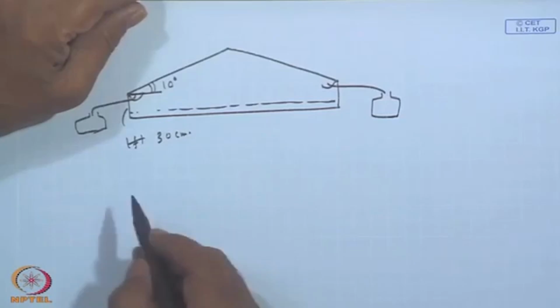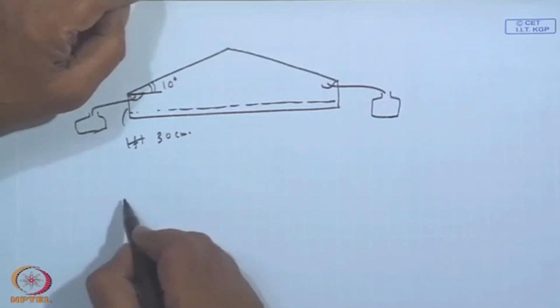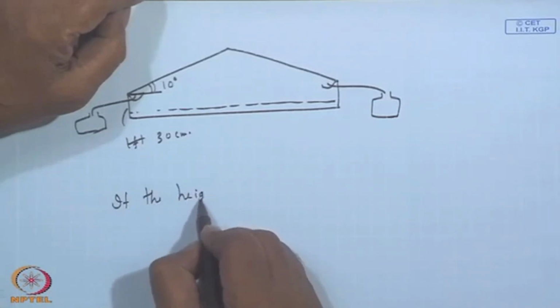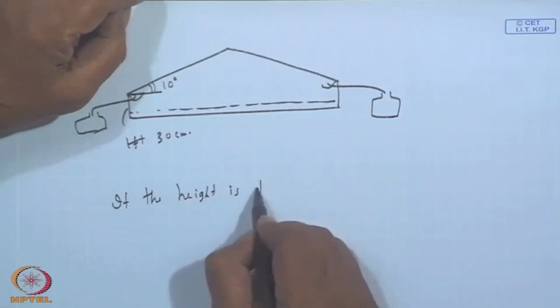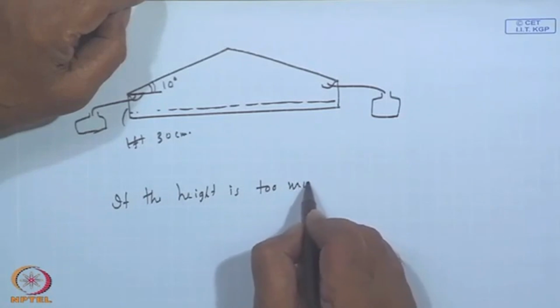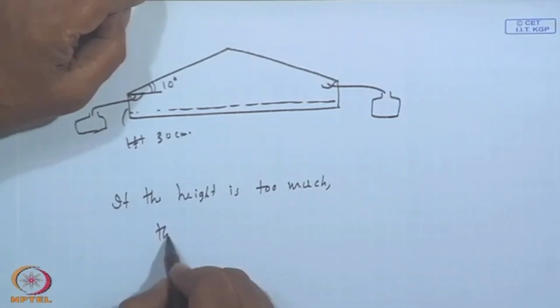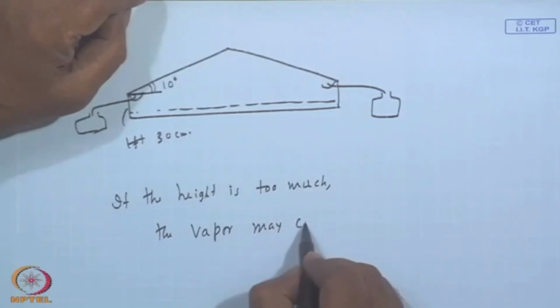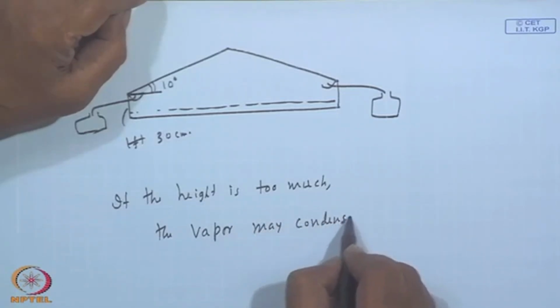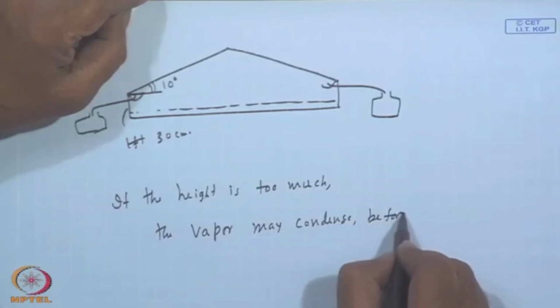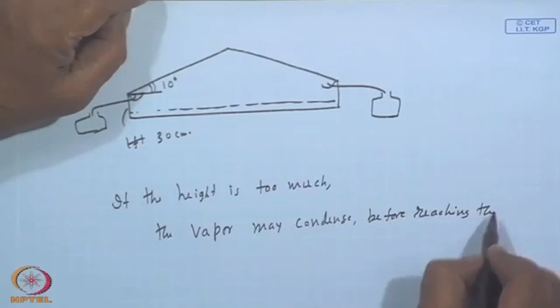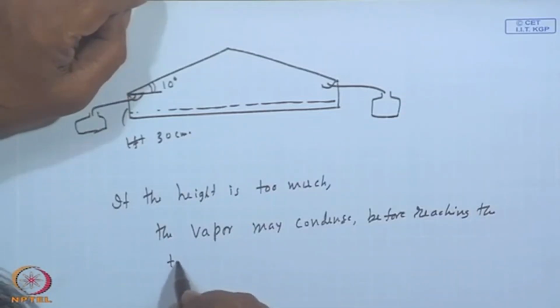The reason is, if the height is too much, the vapor may condense before reaching the top cooler glass.